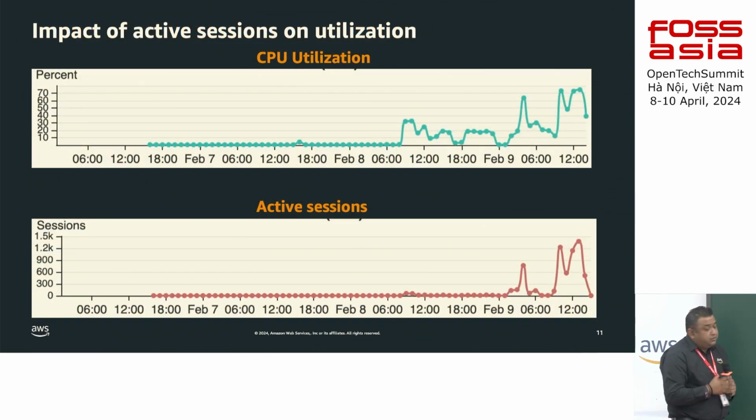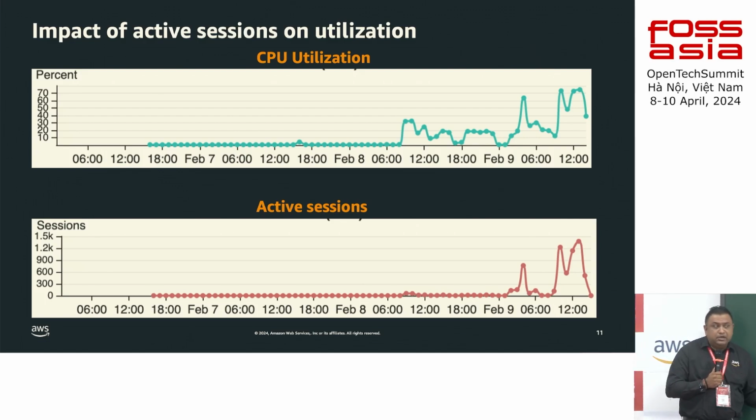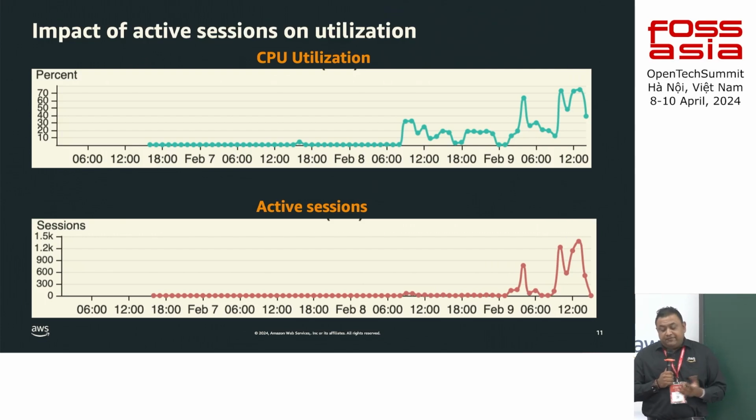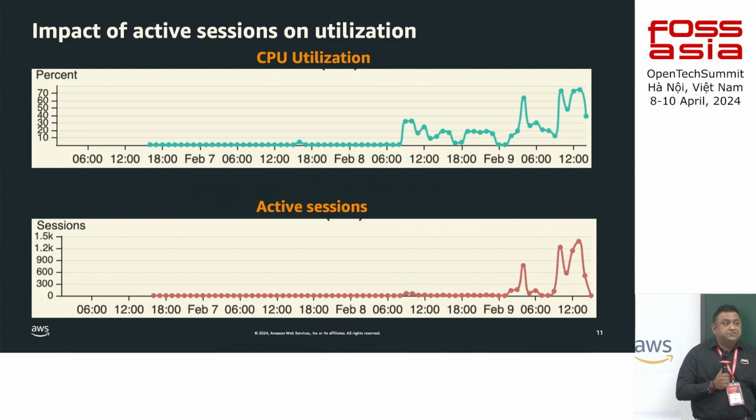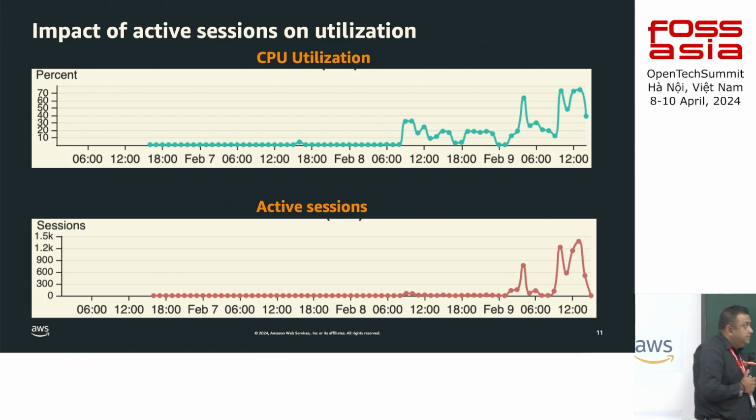Now that we've looked at some of the wait events and the lock types that are there, let's see how concurrency can go in and affect performance as well. If you have a highly concurrent workload with several hundred or thousands of active sessions, it'll affect resource utilization, and you can typically observe it at the operating system level as well.